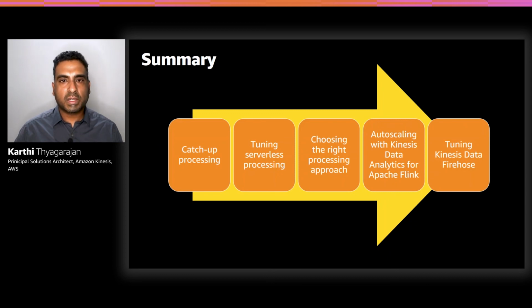And then we discussed auto-scaling approaches to keep in mind when using Amazon Kinesis Data Analytics for Apache Flink. And then we wrap things up with a discussion of how to tune your Kinesis Data Firehose delivery streams.